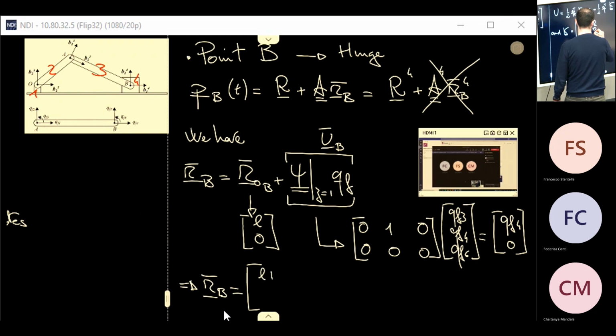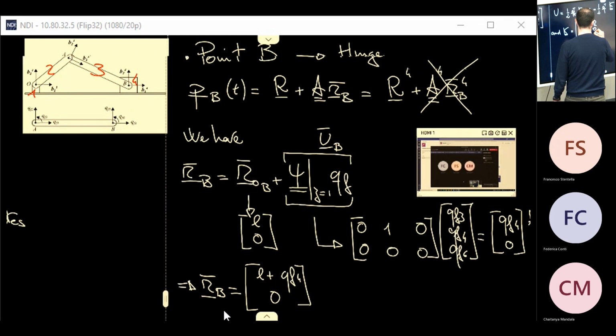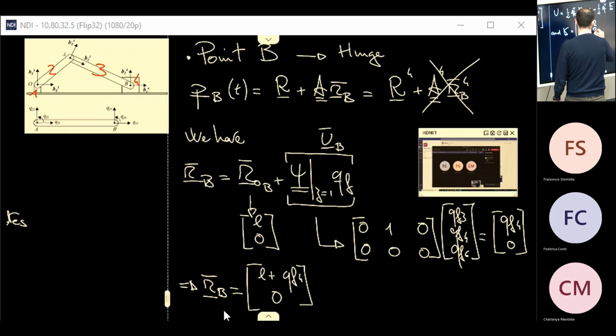Is L plus QF4, 0. In fact, if you remember, QF4, as we have seen before, is the axial displacement. In fact, it is along the direction 1. So everything comes back.